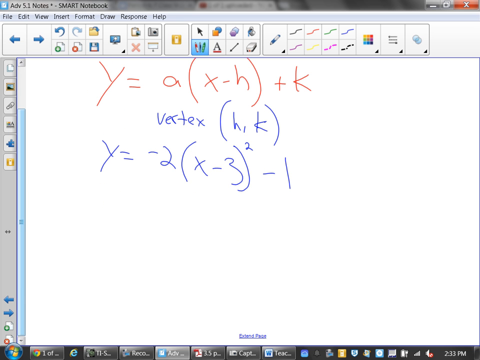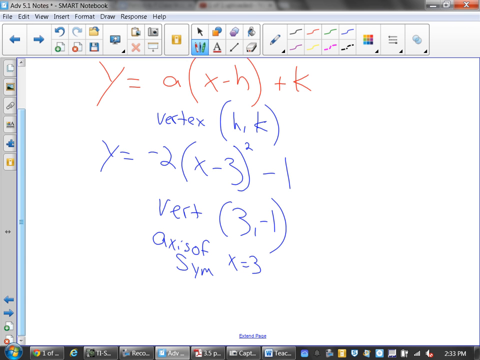No. This is so easy to graph out of because I know my vertex for this example is at (3, -1). If my vertex is at (3, -1), where's my axis of symmetry? At 3. It's the x value. My axis of symmetry is at x equals 3.